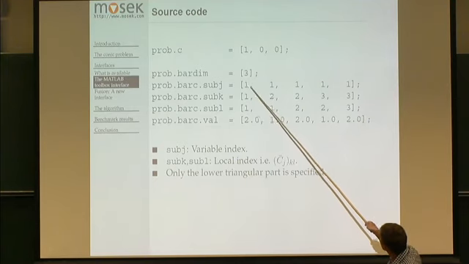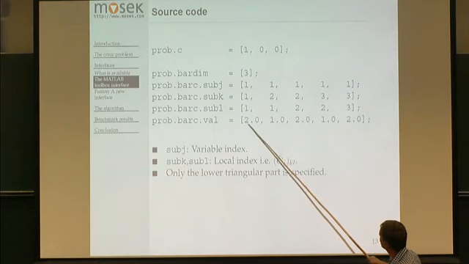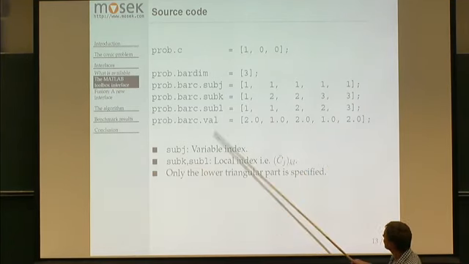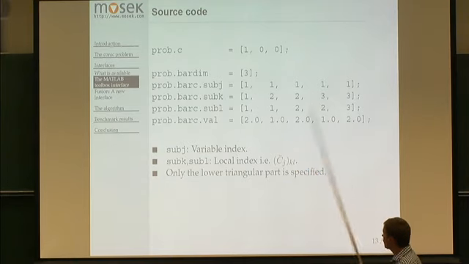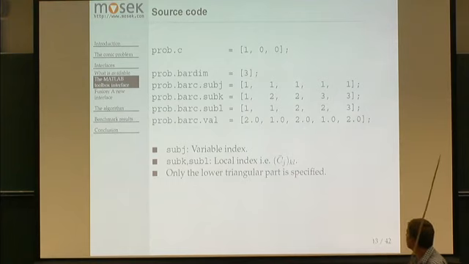So the first variable, C bar ij in the first position, is 2 and so forth, right? So j is the index of the semi-definite variable, and k and l are the index into the matrix, and this is the corresponding value.